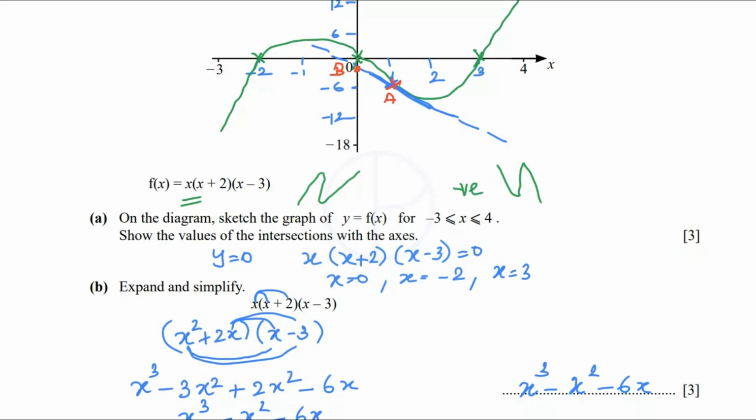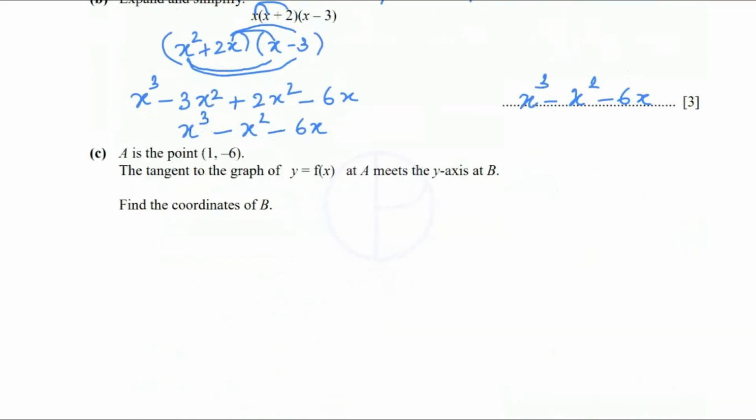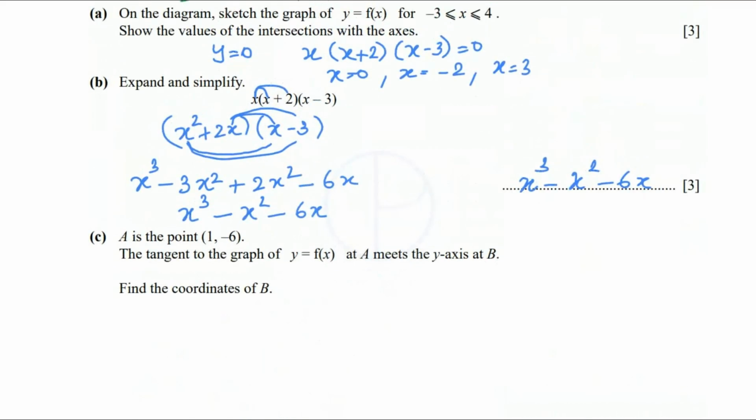Let's write the equation of the tangent. To write the equation of the tangent, that is an equation of a line, first we need to find out the gradient. Y is equal to x cube minus x square minus 6x. And we need to find m, which is dy by dx.